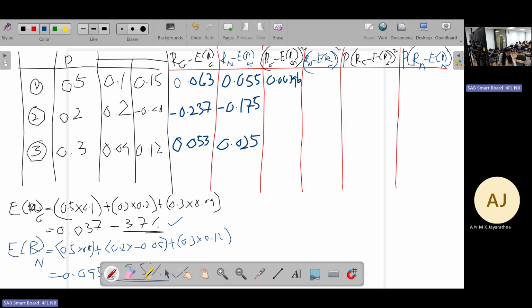And then 0.056. Then 0.02, 0.002. Is that correct? 2.8. Then the other one 0.0030.